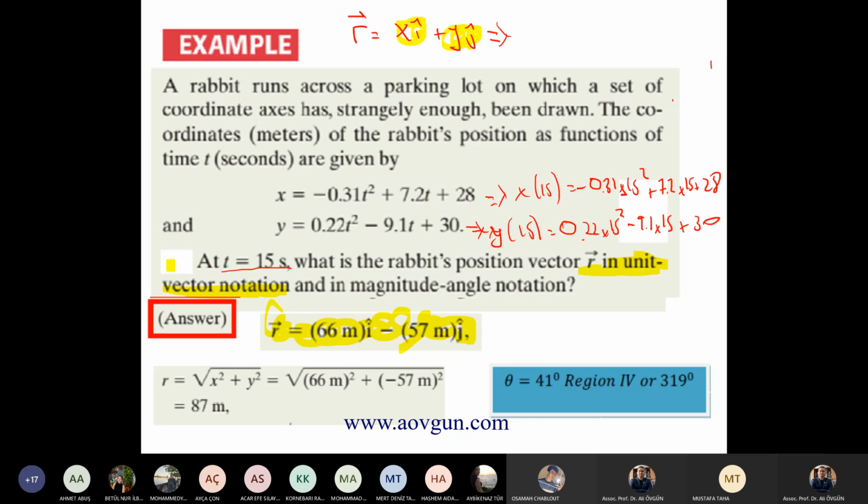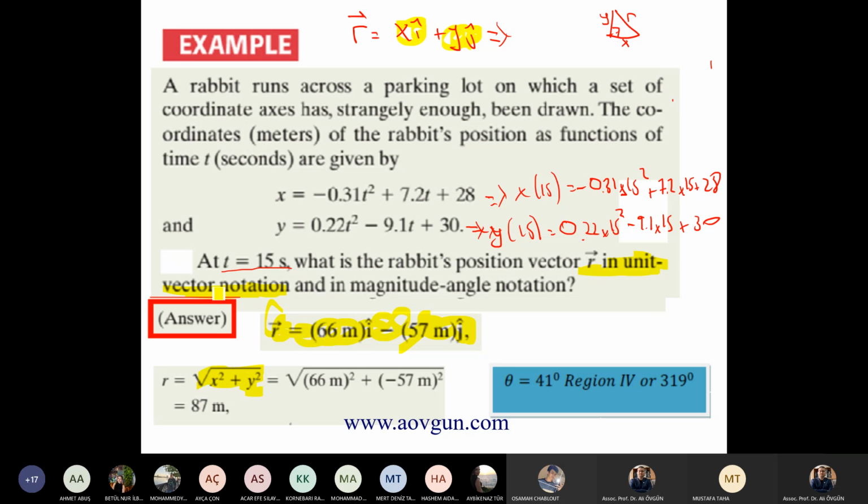Another important thing is find the magnitude. So how can you find magnitude? By using the right triangle. So this is x, this is y, this is 90 degrees. So this is r. How can you find it? R square is equal to x square plus y square. So r will be equal to square root of x square plus y square.